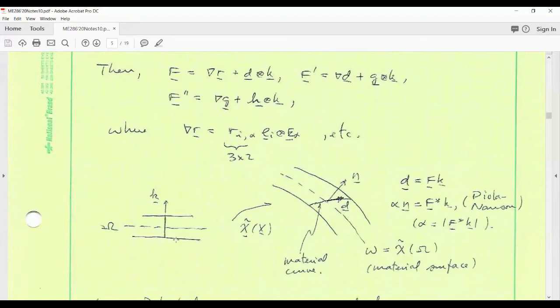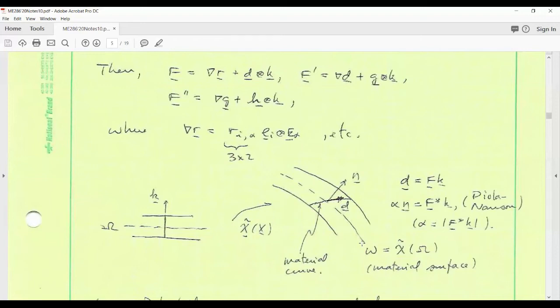Okay, so here's the material curve prior to deformation. Here it is after three-dimensional deformation. It goes like this. We don't know anything about it yet. Say a general curve like so. We know the tangent to that curve is going to be aligned with f k, so d is the tangent to that curve at the midplane. The midplane here is also a material surface, so it gets deformed into this surface.